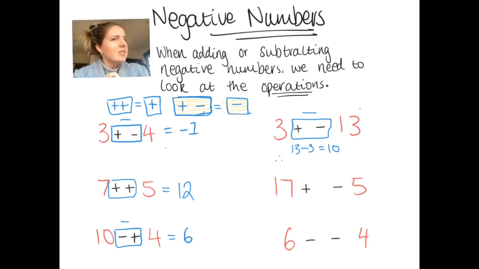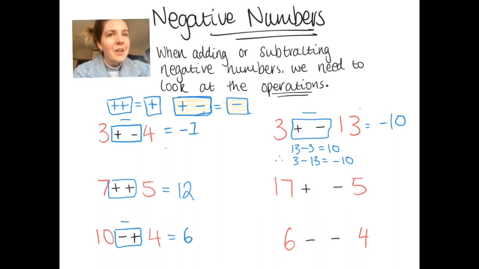Therefore, the 3 dots always mean therefore. It's just something I learned in school. Therefore, 3 take away 13 must be negative 10. Every single time, you just swap them around and you put a negative in front of it. So my answer to this question is negative 10. If I'm going too fast, you can pause this video at any time. That's the whole point of a video.